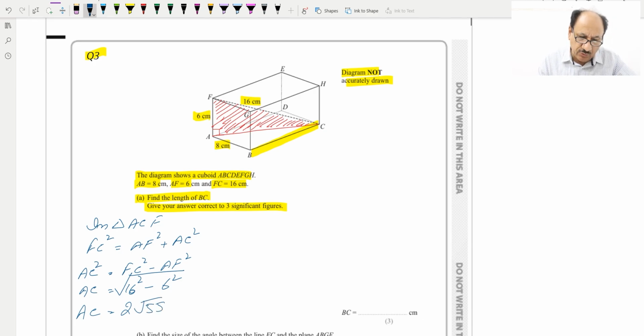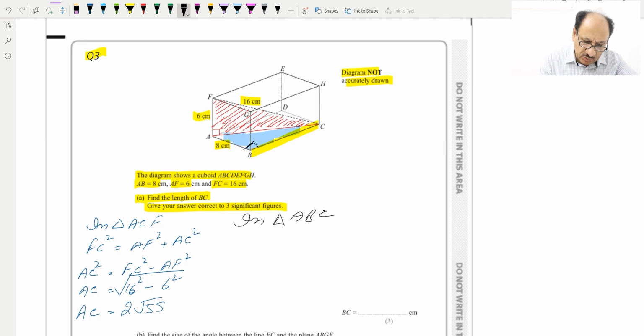This is the AC value. Now we can consider this triangle. Which triangle are we considering? We are considering this triangle, which is ABC. So in triangle ABC, again, this is a right angle triangle.